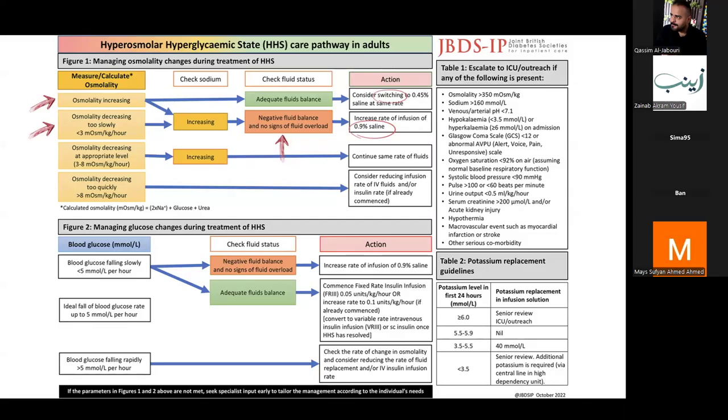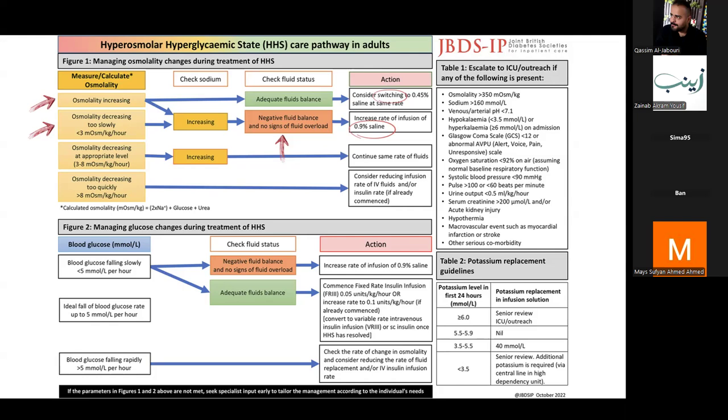Are you adequately hydrating or not? So if the osmolality is going down slowly and your sodium is going up, and the patient is having negative balance, then you need to increase the rate of infusion. That means you have not hydrated the patient well.